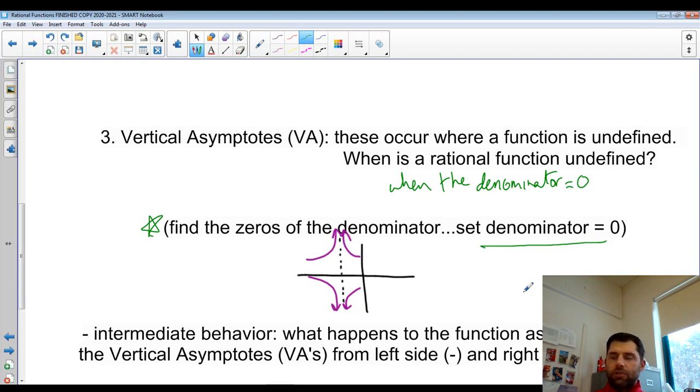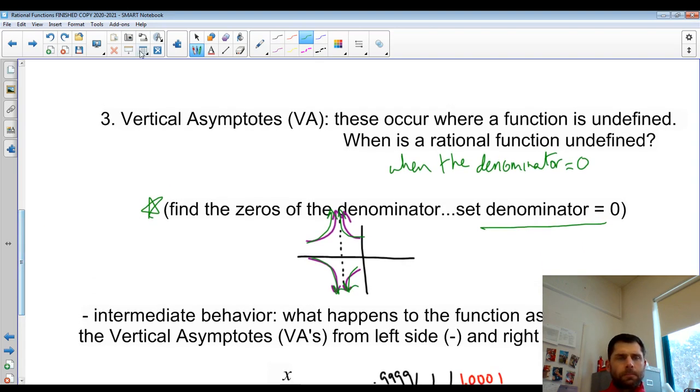I think we will talk about this next class, but this is what a vertical asymptote would look like. As the graph comes towards that vertical asymptote, either from the left or from the right, we want to ask ourselves, what is happening to our function? Is it trending upwards, getting bigger and bigger? Or is it getting smaller and smaller?